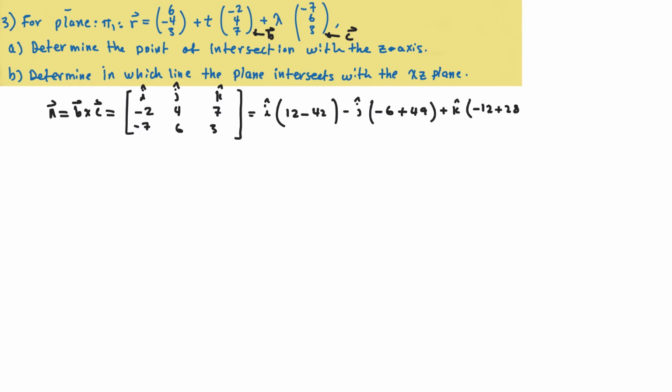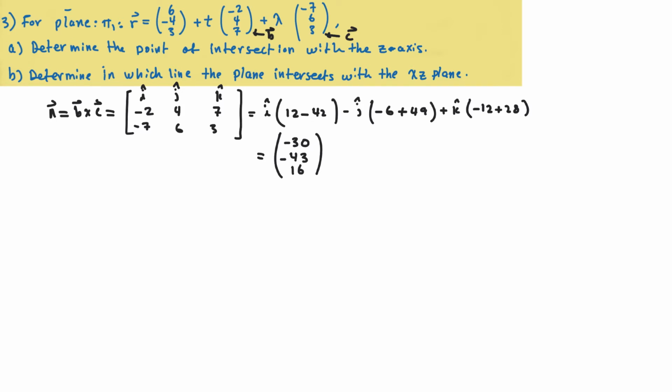So that's positive 28. Once I put all these together, for the x component, I will get negative 30. For the y component, I will get negative 43, sorry. And for the z component, I will get 16.